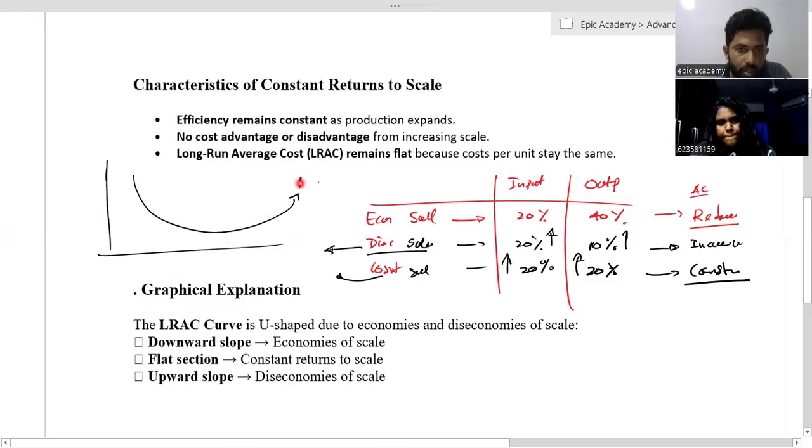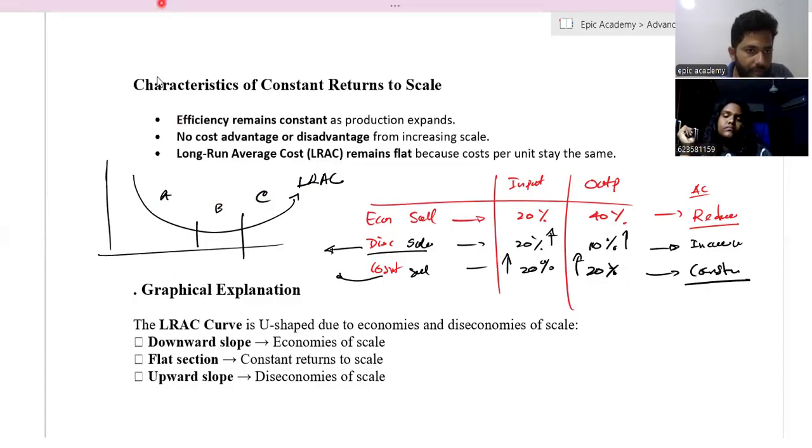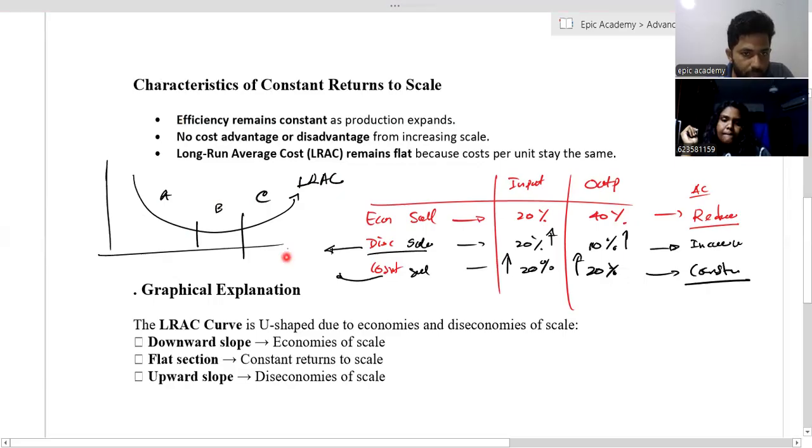Take the long run average cost curve. I will divide this curve into part A, part B, and part C. During part A, when the quantity increases, what happens to the average cost? It reduces. Input increases by 20, output increases by 40, and the average cost reduces.